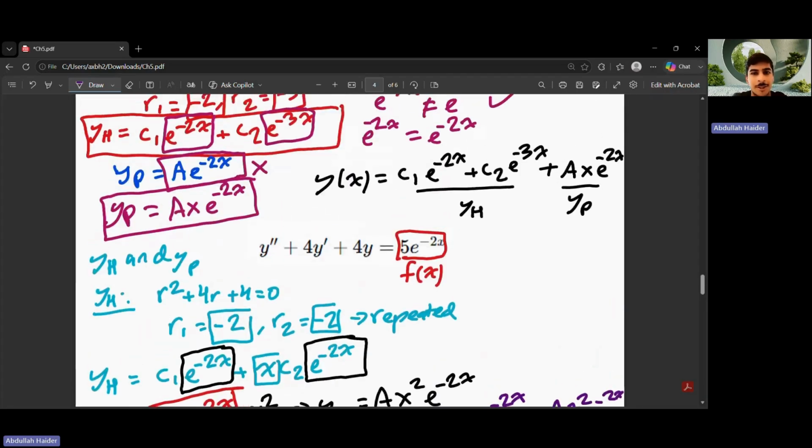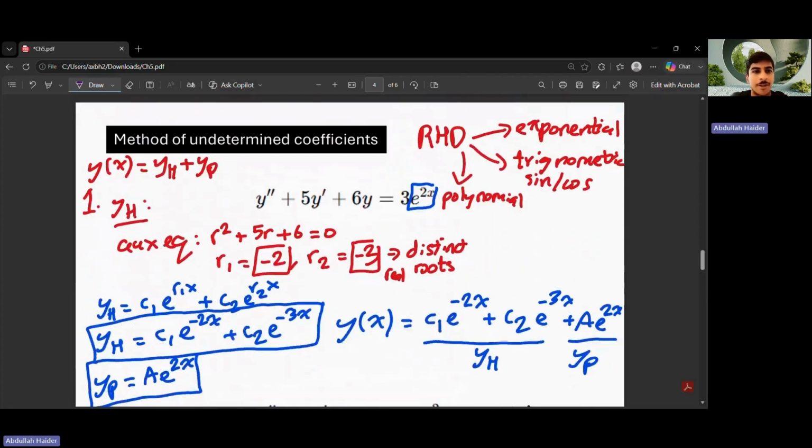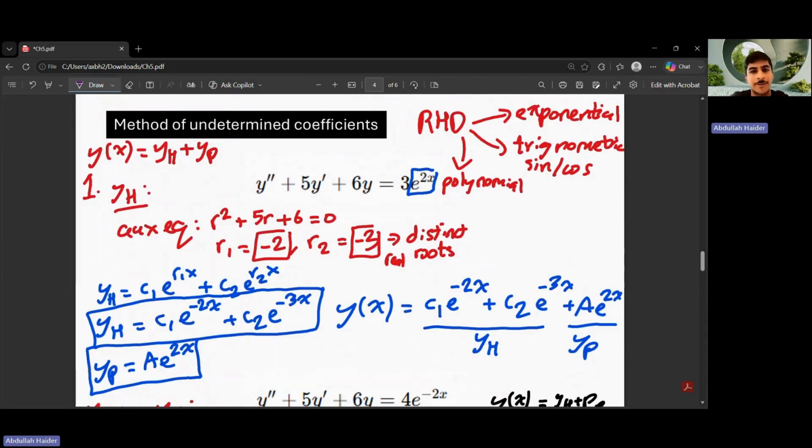So a general summary: you have to solve a question using the method of undetermined coefficients whenever you don't have a zero on the right side. What you do is you find the homogeneous solution and the particular solution. The homogeneous solution is as before. You write this in terms of r and find the roots. And since these are distinct roots, you have C1 e power negative 2x plus C2 e power negative 3x.